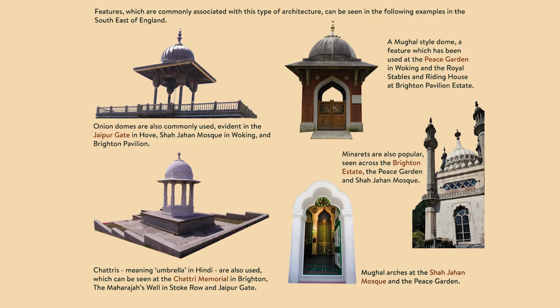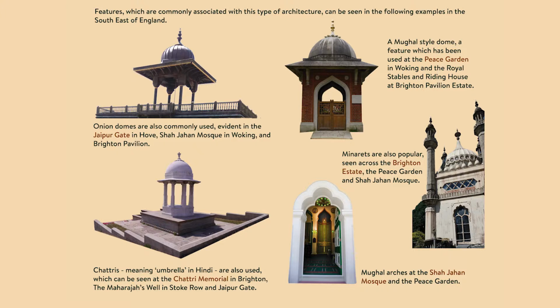So what does this mean then in terms of stylistic features that are associated with Anglo-Indian architecture? Okay, so there's a number of classic features that have come across. There's various domes, onion domes, and more flattened Mughal domes, minarets, Hindu fan windows, Mughal arches, and chhatris.